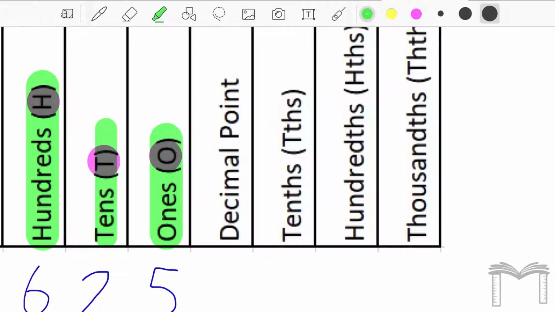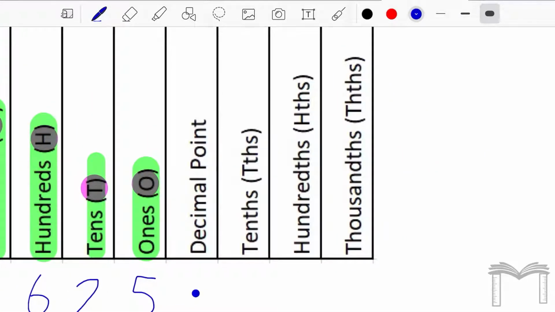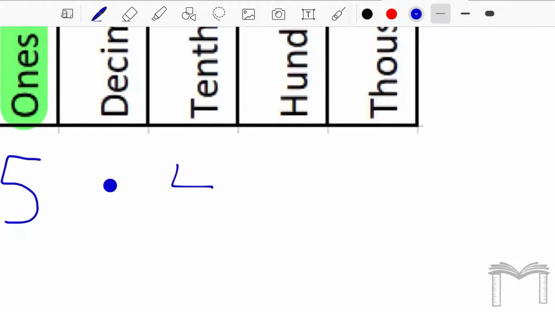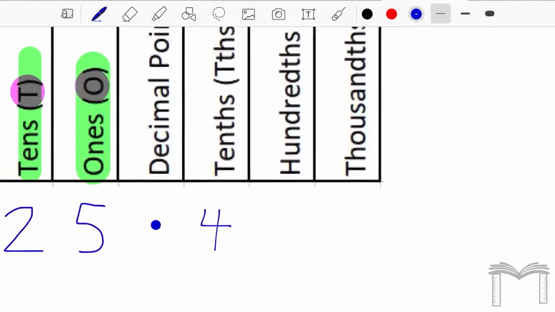On the right of the ones digit, we can add a decimal point, and all the numbers on the right of that point is a decimal fraction. The first digit, let's use 4. This 4 is actually tenths.